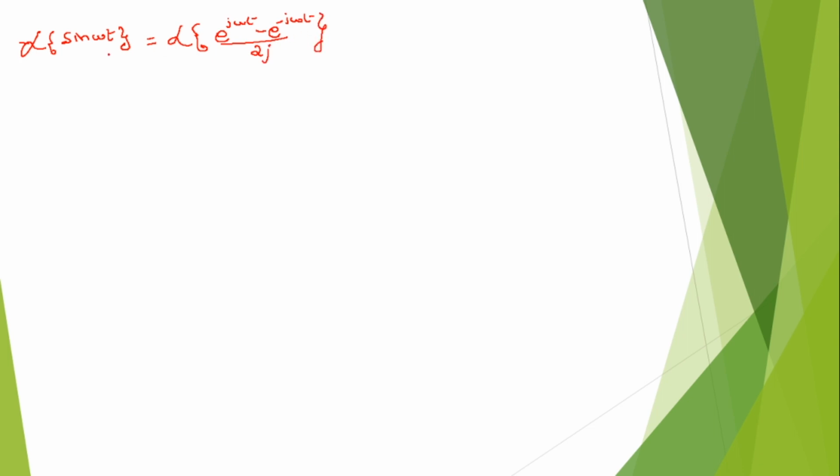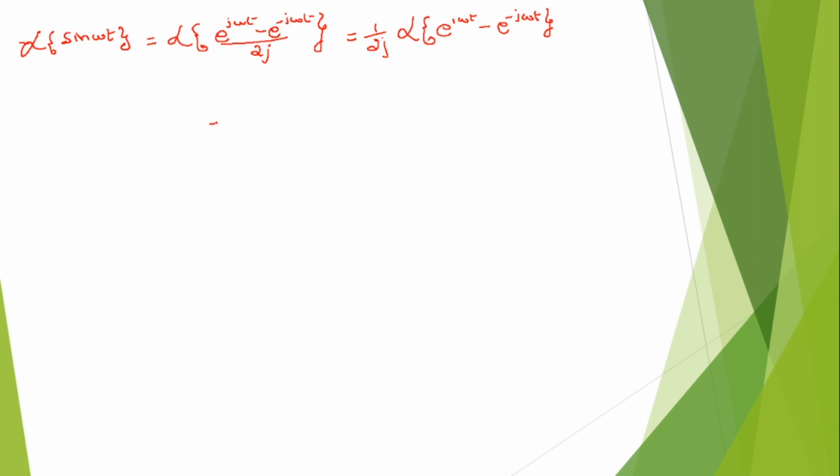So we know that sin omega t is equal to e to the power j omega t minus e to the power minus j omega t by 2j. Now this is a constant, so 1 by 2j into the Laplace transform of e to the power j omega t minus e to the power minus j omega t.